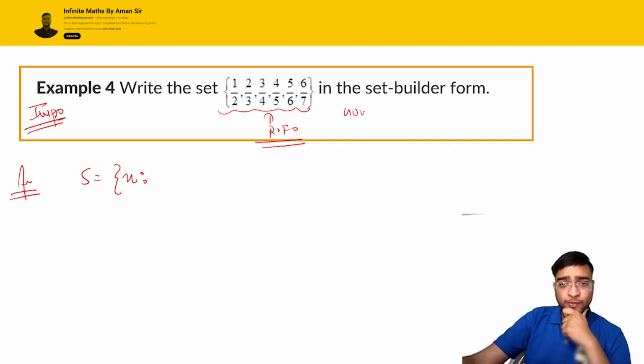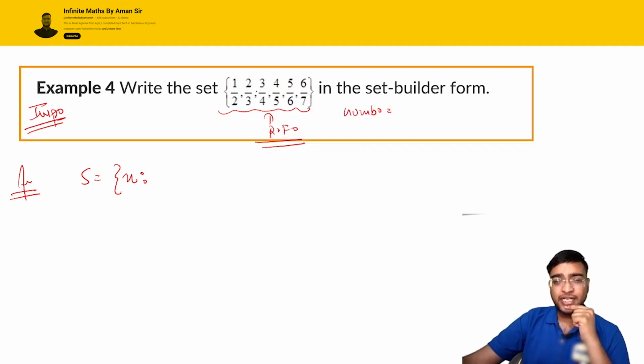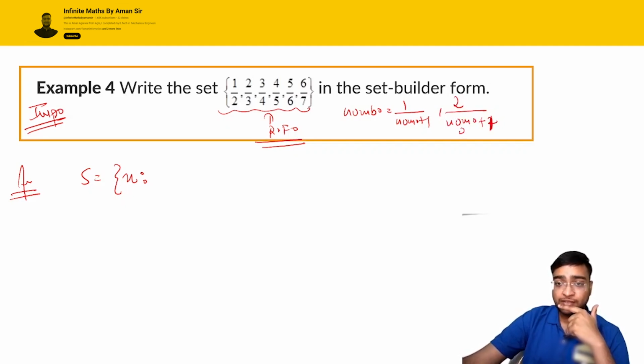The numerator of the set is like, if I say 1, then numerator plus 1. If I say 2, then numerator plus 2. Not numerator plus 1, so we can say 2 plus 1 is 3. So that is 2 by 3. Then so on, so on.